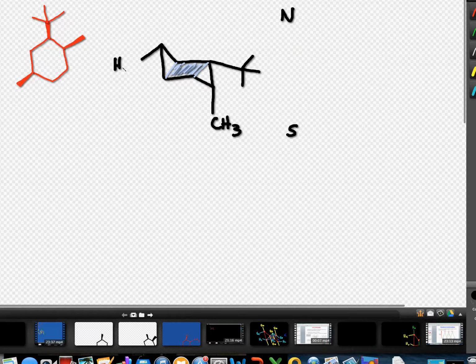The T-butyl group is on carbon 1, a methyl group on carbon 2, and a methyl group on carbon 5. And this would be the highest energy conformer.